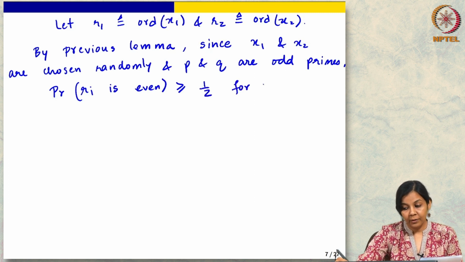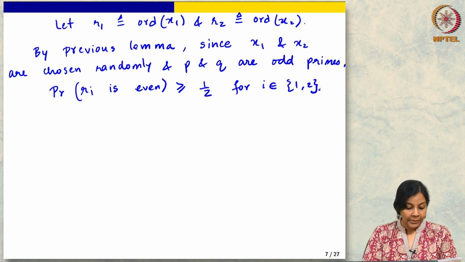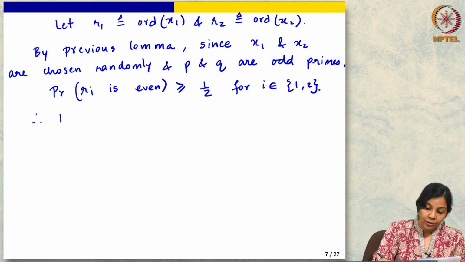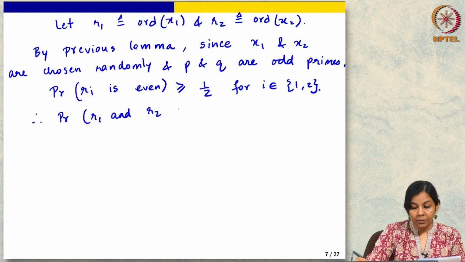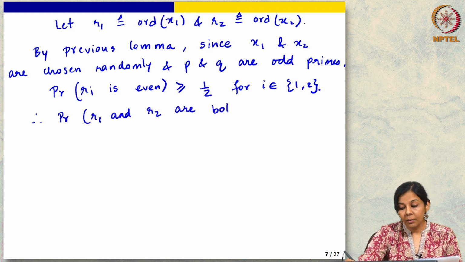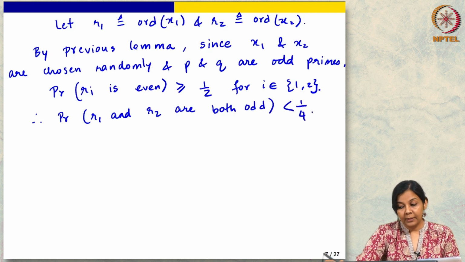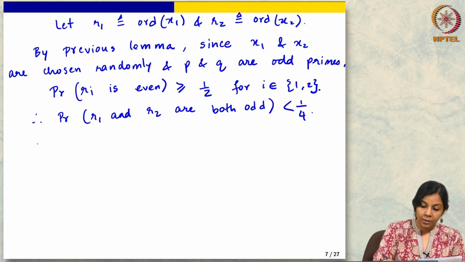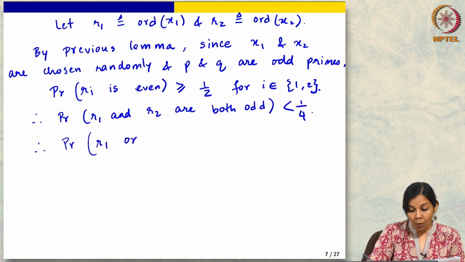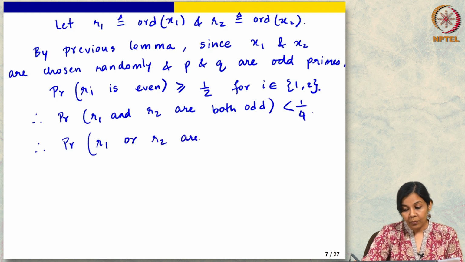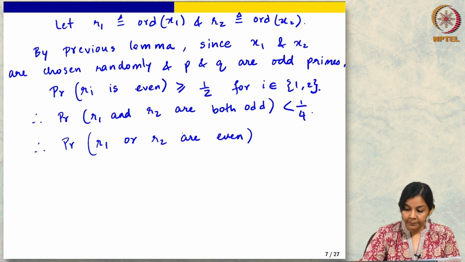This is for i in 1, 2. Therefore, the probability that R1 and R2 are both odd happens with probability at most 1/4, which in turn implies that the probability that R1 or R2 is even is at least 3/4.